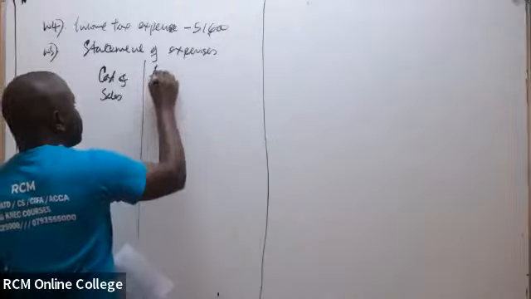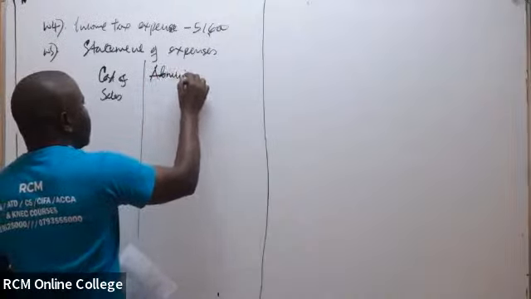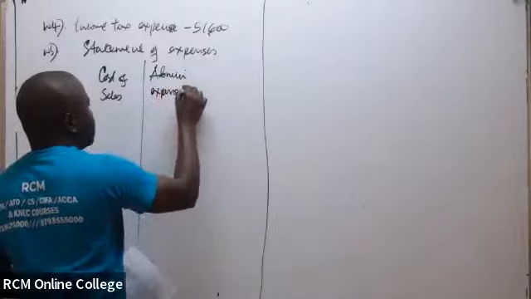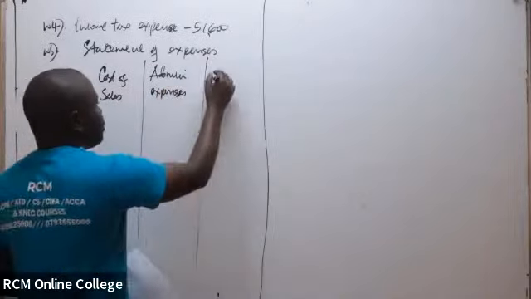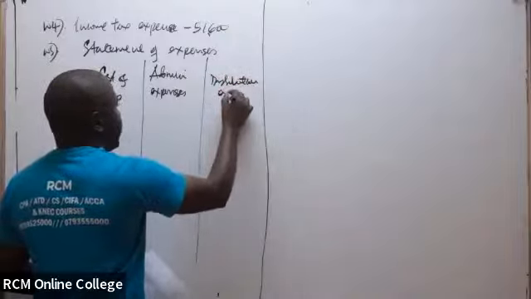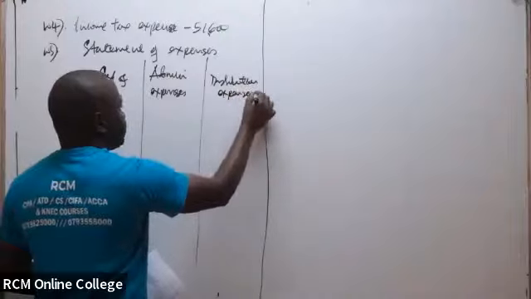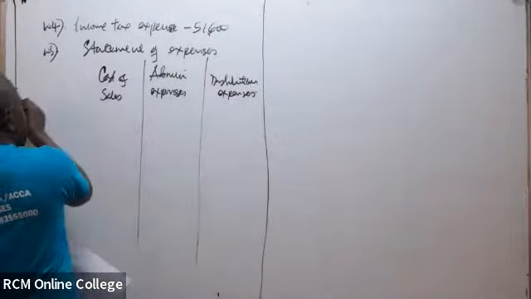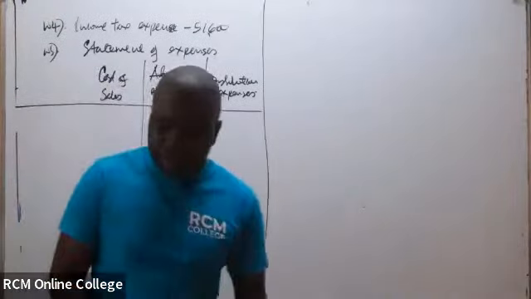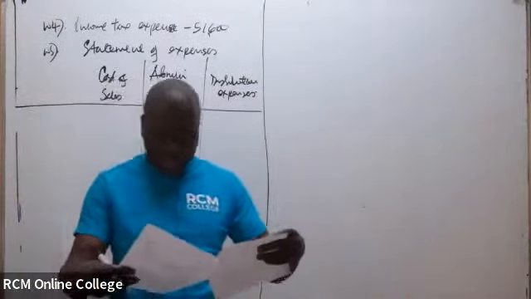administration expenses, you can write just in full. Then we have the distribution expenses. So if you have finance expenses which have been affected, you can also include them.